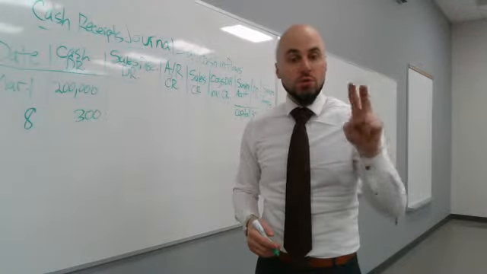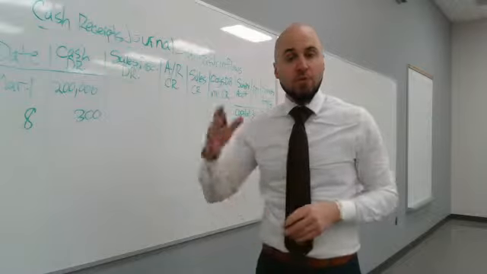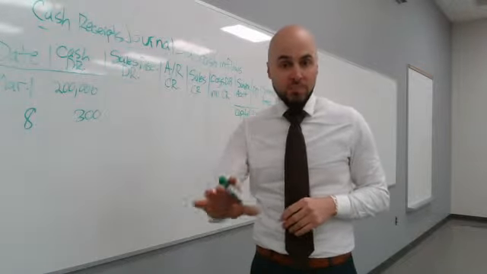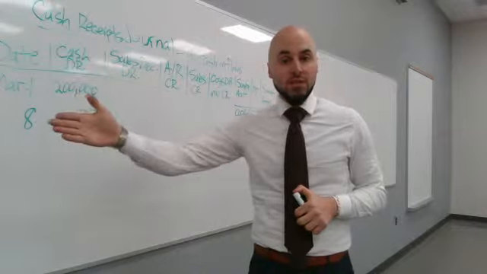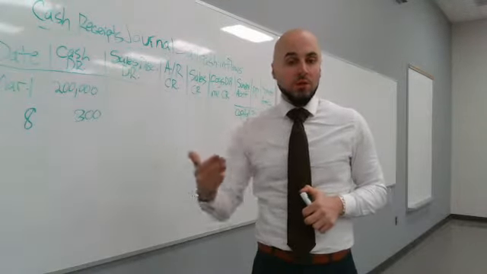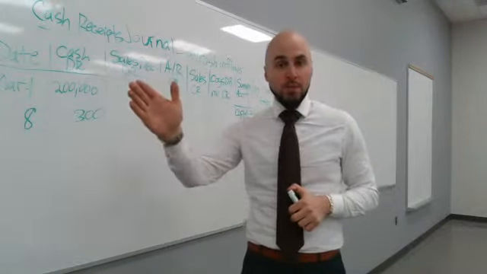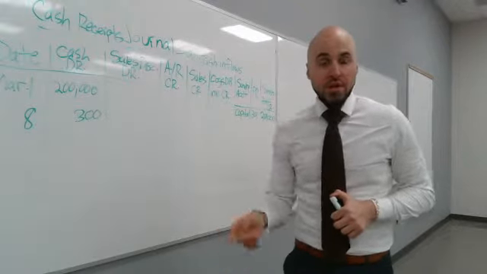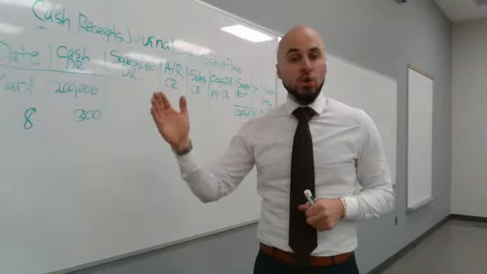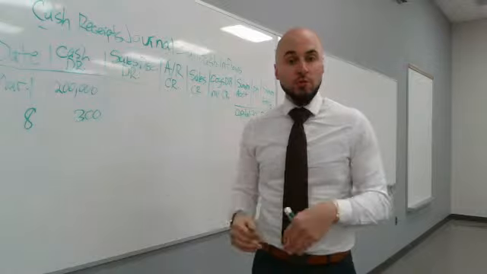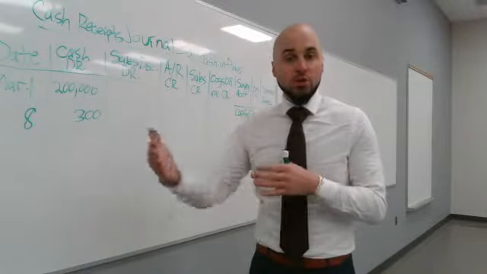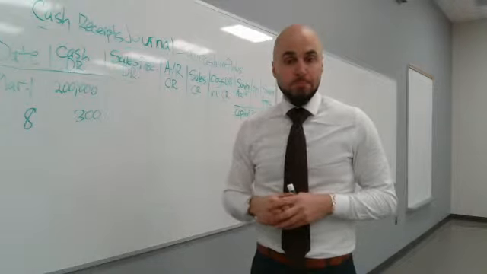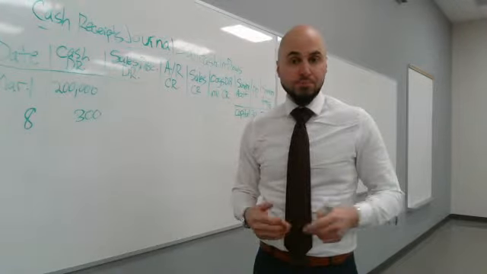That means you are entitled to 2% off if you pay within 10 days of the purchase. And net 30 means that you have a 30-day credit period to still be in good standing, as long as you make the payment within 30 days, but you are not given a discount if you pay from day 11 to day 30. You're just kept in good credit standing with that customer or vendor.